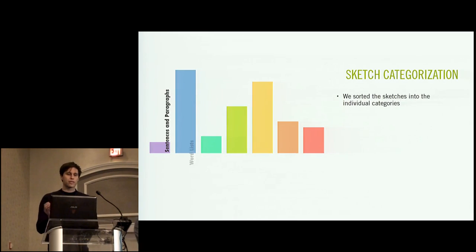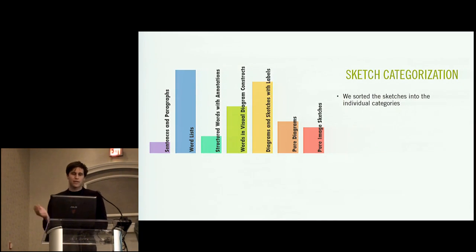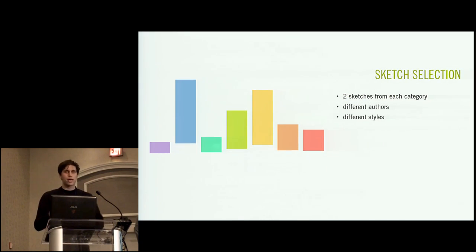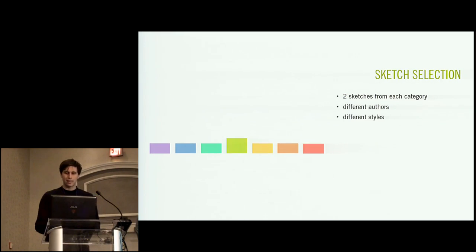We have a lot of word lists, which means bullet lists, a lot of diagrams with sketches as labels, but much fewer sentences that are written out, obviously. Nevertheless, it gave us a sample to cut it down to 15 sketches, so we took 2 of each with 1 exception and also tried to accommodate different authors and different styles.